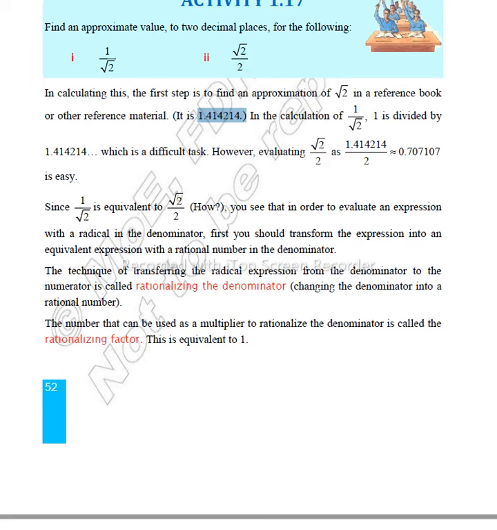When we divide 1 by this number, we get this. To approximate or round off this number to two decimal places we make 1.41.